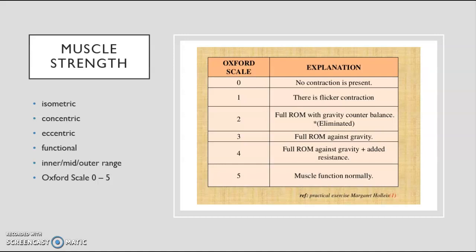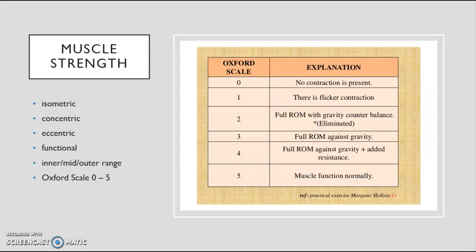So once you've done that, I want you to have a look at the Oxford scale, which is shown on the right hand side of this PowerPoint here. So the Oxford scale is generally used to measure muscle strength rudimentarily in clinic, and it goes from 0 to 5. And going from 0 to 5, it's a numerical scale looking at how much strength there is within a muscle.